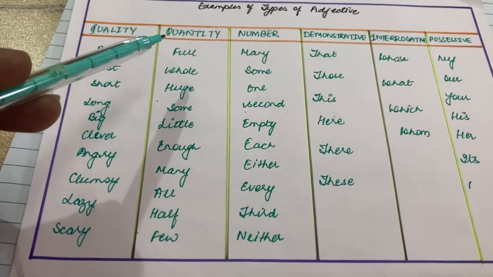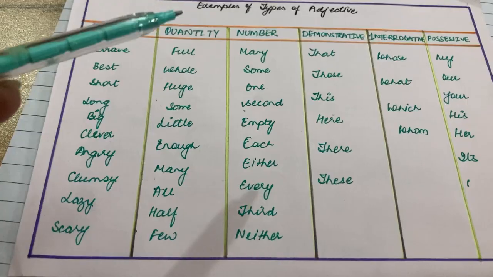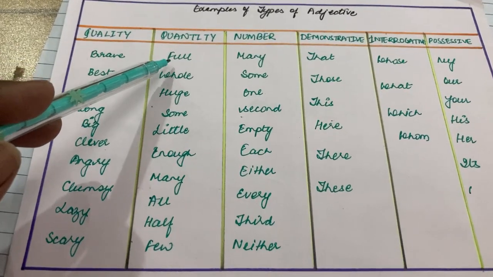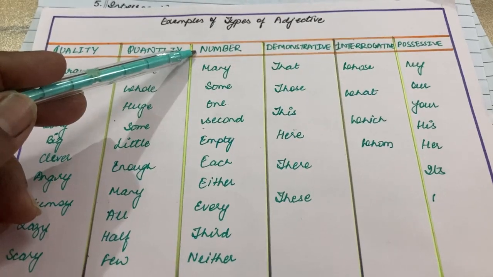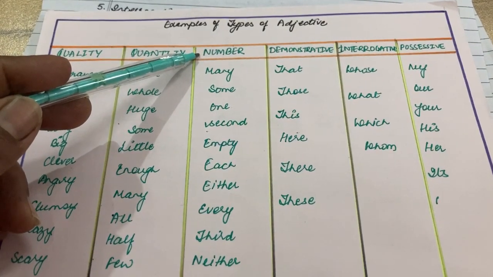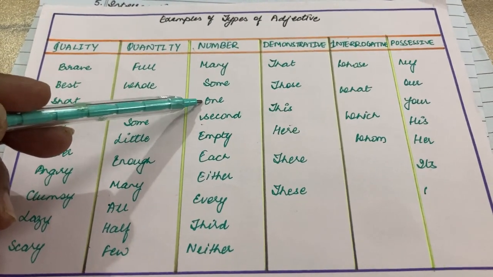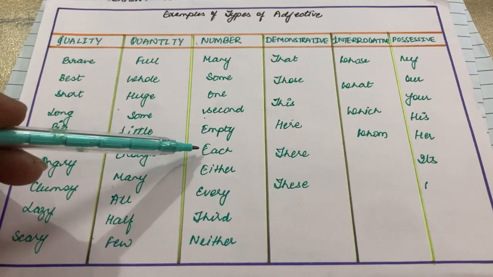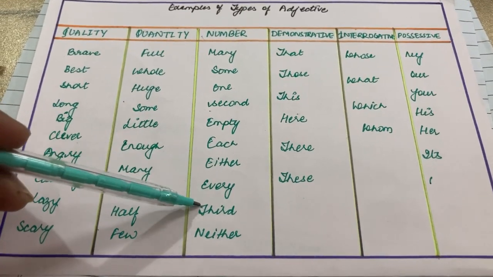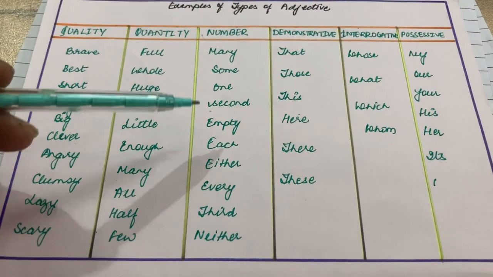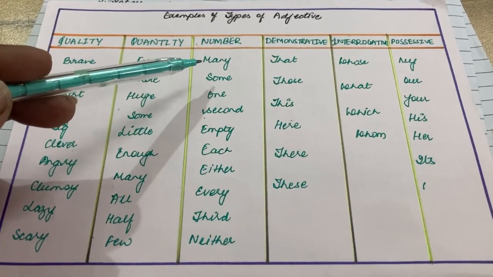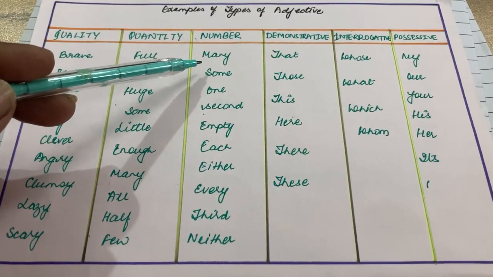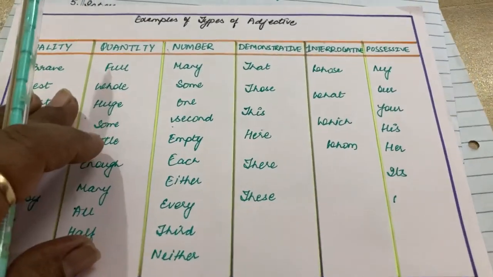So these are all adjectives that signify the quantity of a noun or a pronoun. Then number. So words like many, some, one, second, empty, each, either, every, third, neither are the words that tell us the number of a noun.